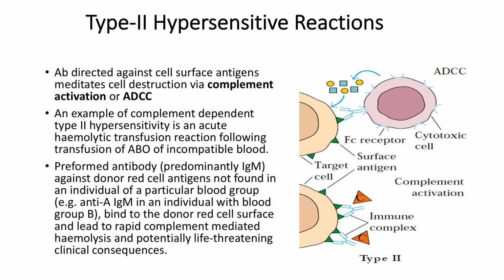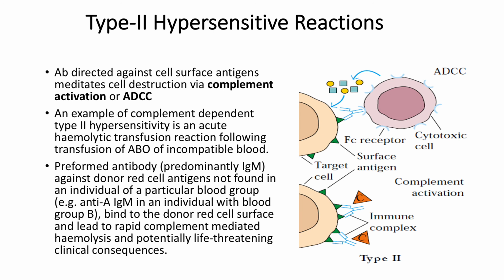So what happens is preformed antibody, predominantly IgM, against donor cells antigen not found in an individual of particular blood group. For example, anti-A IgM in an individual with blood group B, okay, binds to donor cell surface and leads to rapid complement mediated hemolysis and potentially life-threatening clinical consequences.